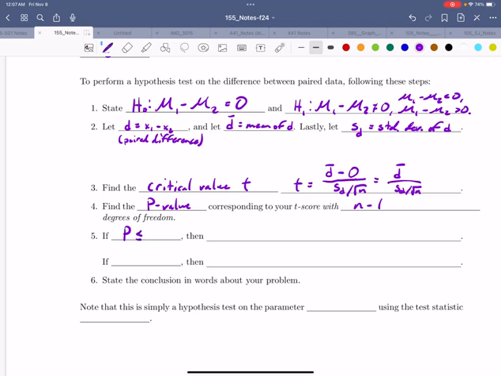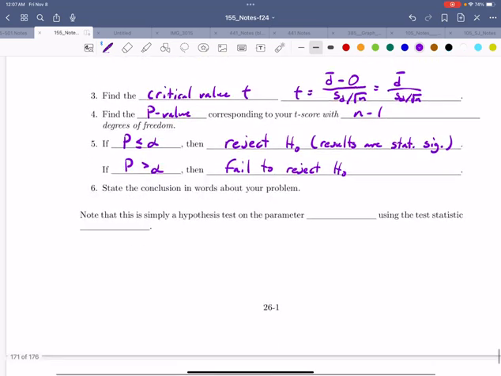Anyway, if p is less than or equal to alpha, then we reject the null hypothesis, and of course we say that the results are statistically significant, and if p is greater than alpha, then we fail to reject H naught, and our results are not statistically significant. If necessary, state the conclusion about our problem.